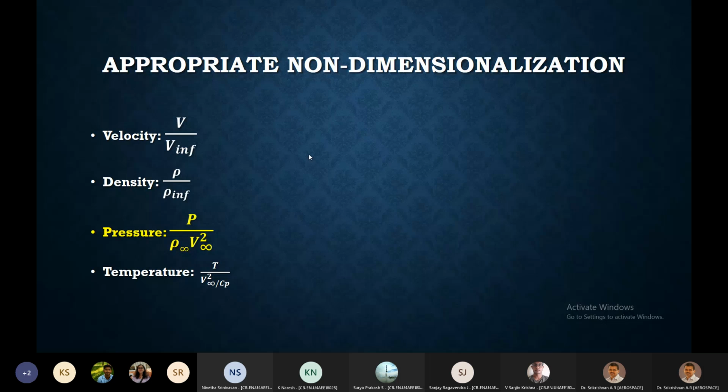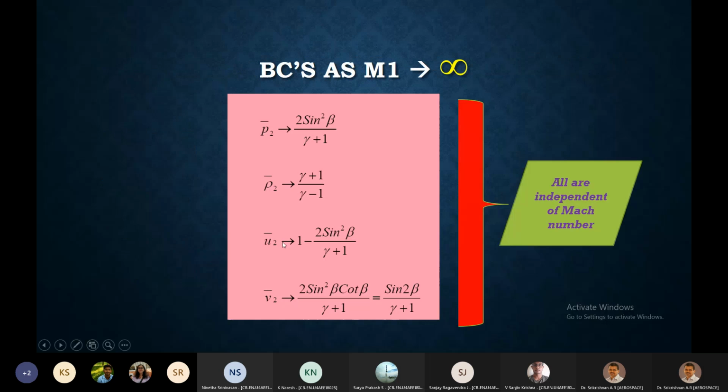Okay, so we'll get started. Please recall that we have been looking at the non-dimensional form of the governing equations. I'll just quickly rewind what we have discussed.